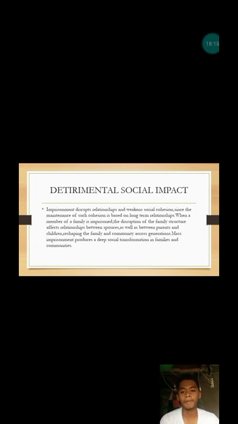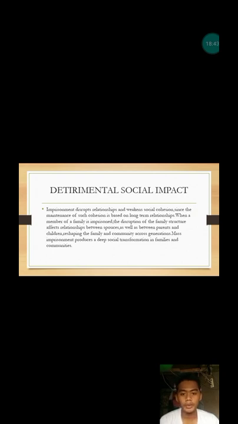Detrimental social impact. So imprisonment disrupts relationships and weakens social cohesion, since the maintenance of such cohesion is based on long-term relationships. When a member of a family is imprisoned, the disruption of the family structure affects relationships between spouses as well as between parents and children, reshaping the family and community across generations.